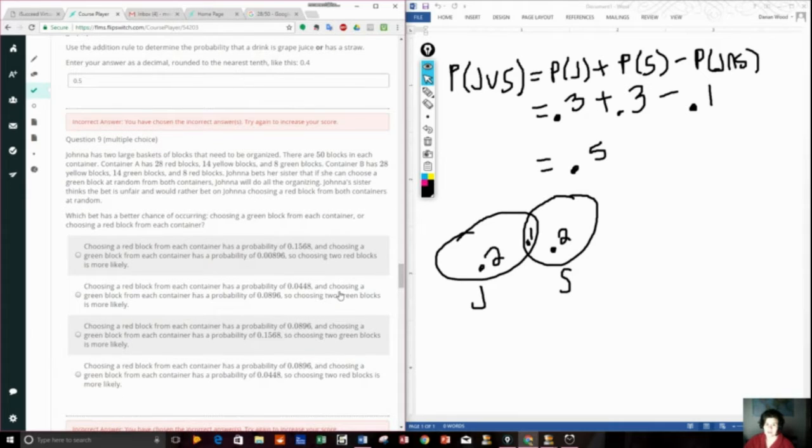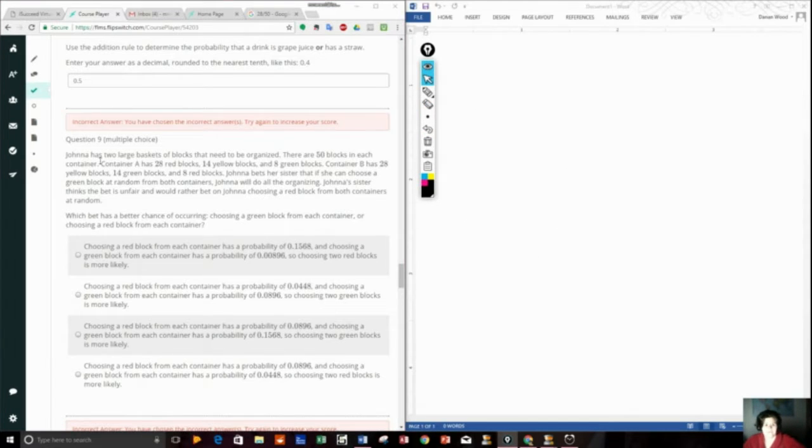Okay, question 9. Here we go. Jonah has 2 large baskets of blocks that need to be organized. There are 50 blocks in each container. Container A has 28 red, 14 yellow, and 8 green blocks. Container B has 28 yellow, 14 green, and 8 red blocks.